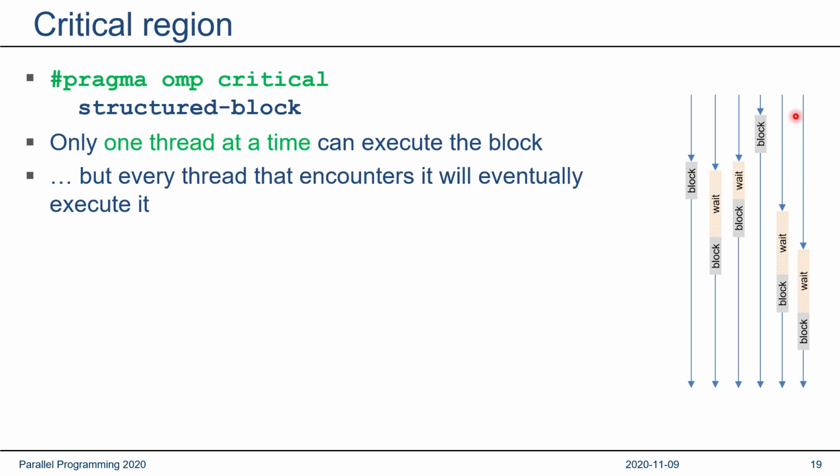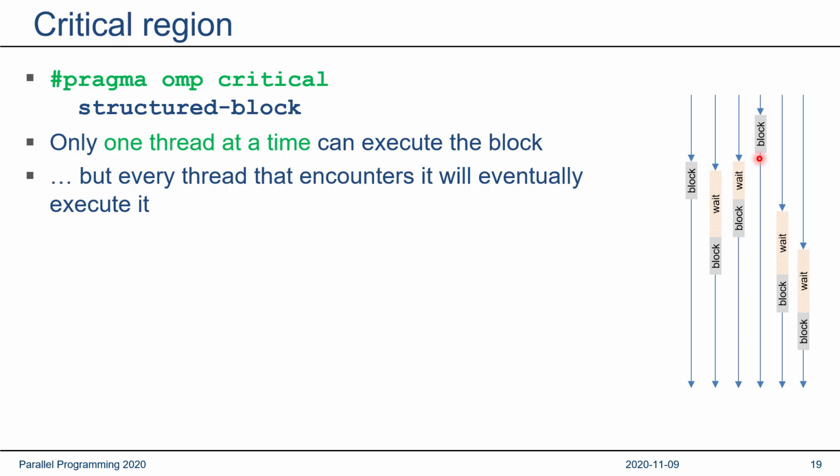So here I've tried to depict what happens. We have this structured block, which is denoted in gray in this timeline figure. And of course, every thread wants to execute the block in our example, but they cannot enter the block concurrently. So whenever one thread gets hold of the block, executes the block, nobody else can. In this case, this thread is the first to encounter the block.